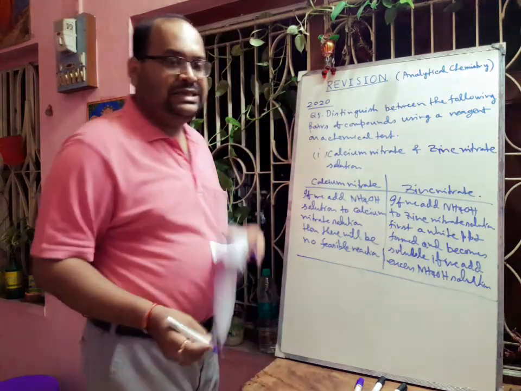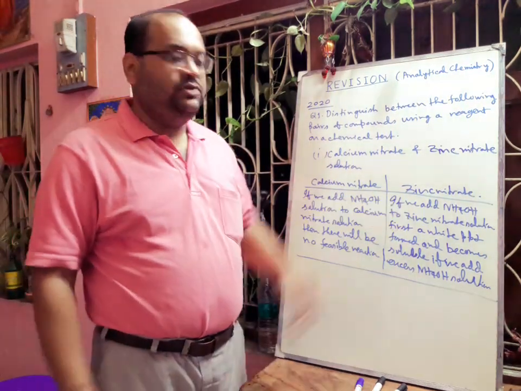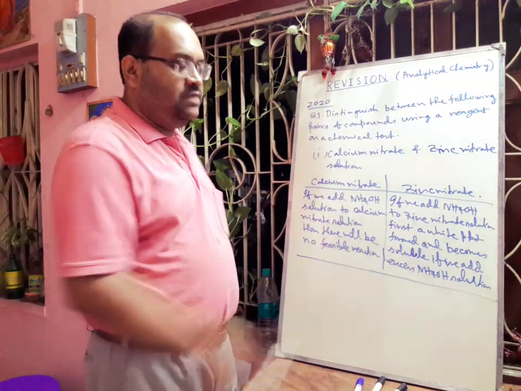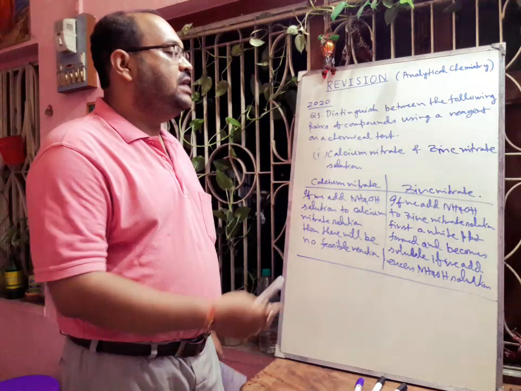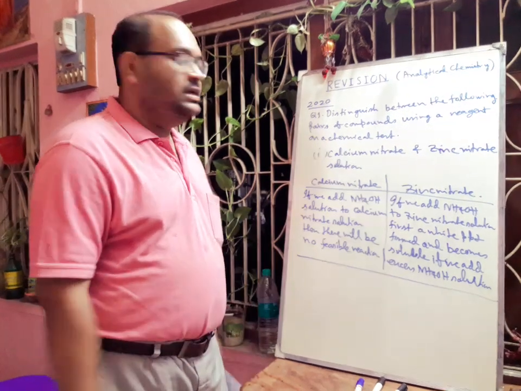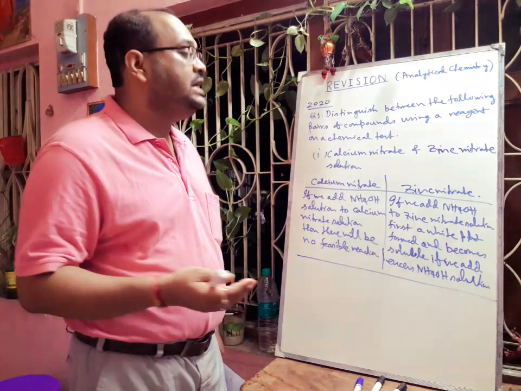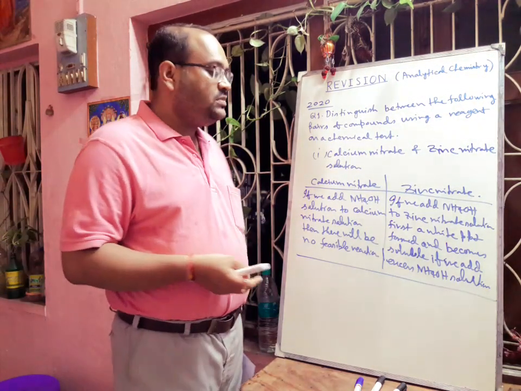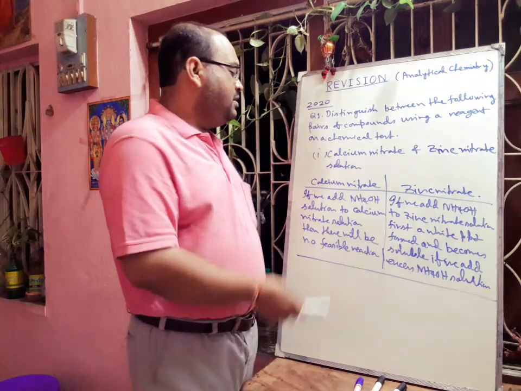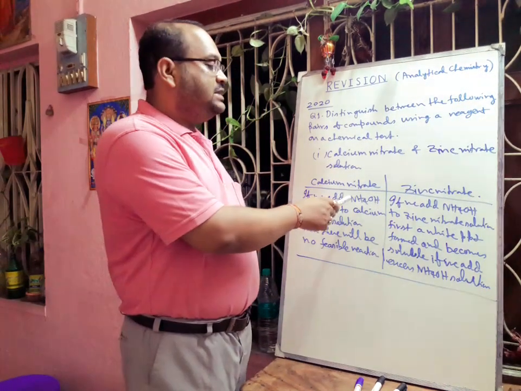So here you can understand that whenever we add ammonium hydroxide to zinc nitrate solution, first there will be formation of zinc hydroxide, and if we add excess ammonium hydroxide, then there will be formation of tetraammine zinc nitrate solution. That will be soluble. Here you can give the reaction, but calcium will not react with this weak base ammonium hydroxide.